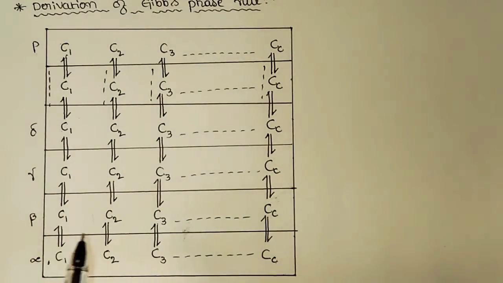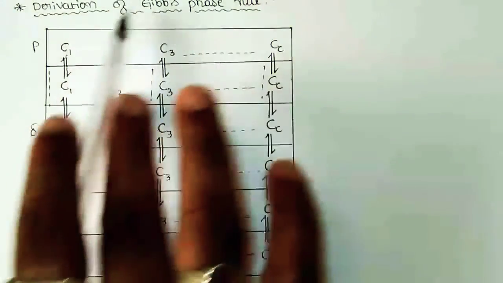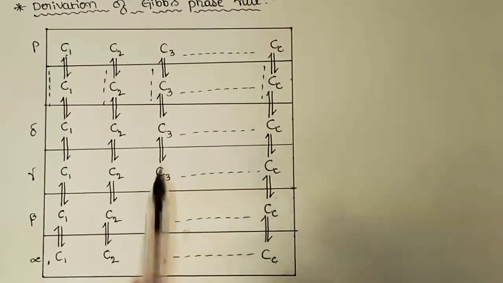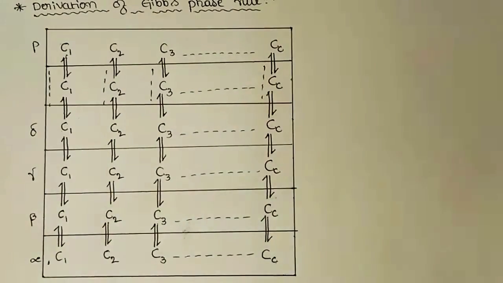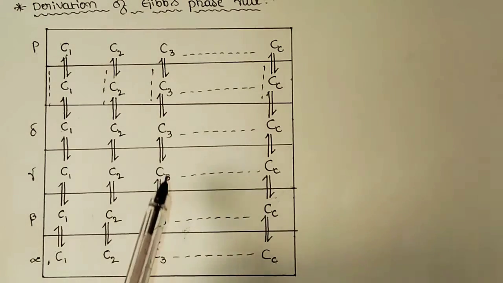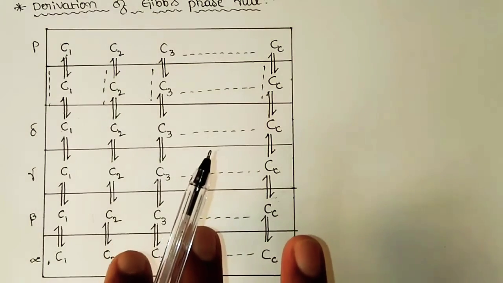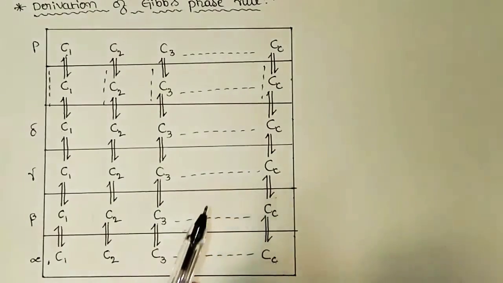In such a case, in order to specify the state of each phase of the system completely, with respect to component C1, component C2 or component C, we have to define the system, and in order to define the system we need to specify the variables.